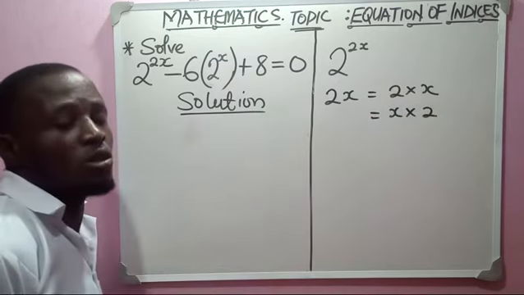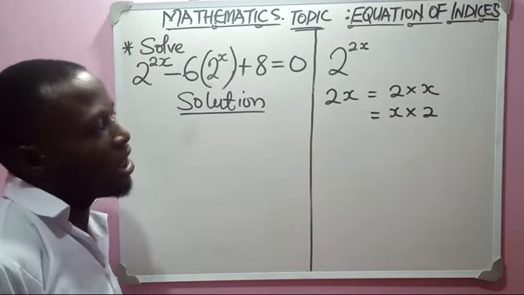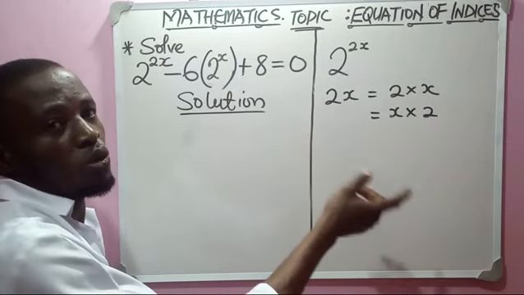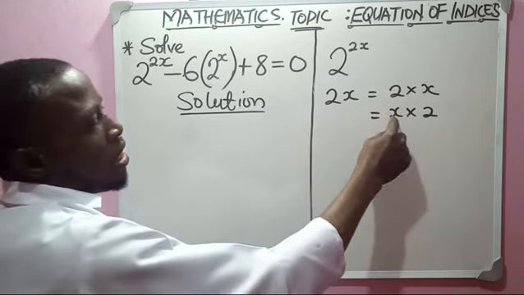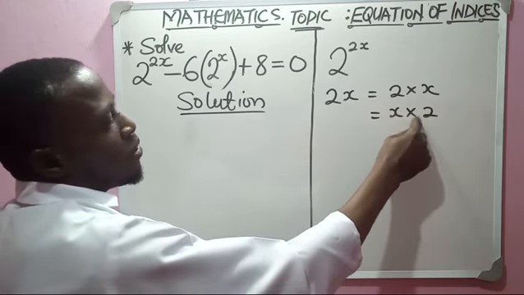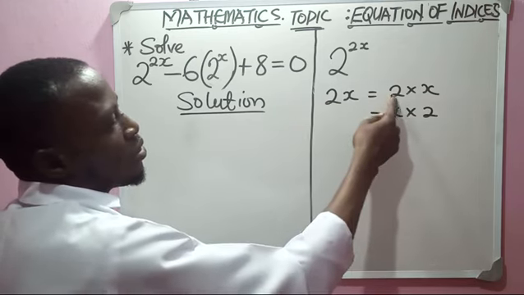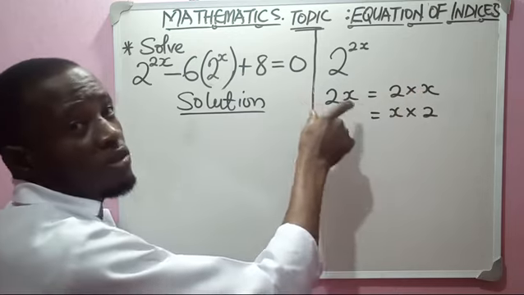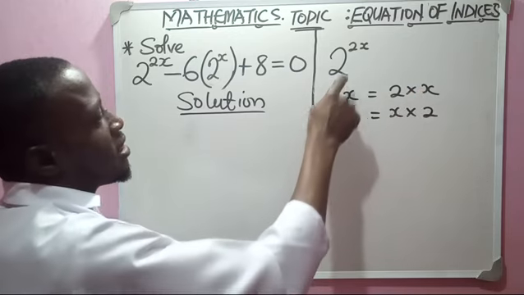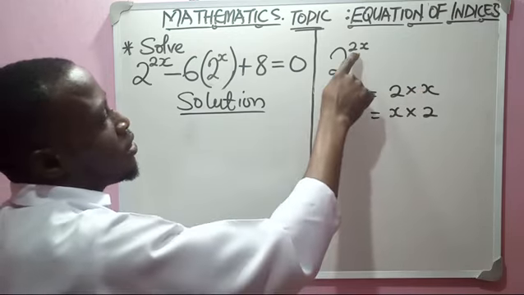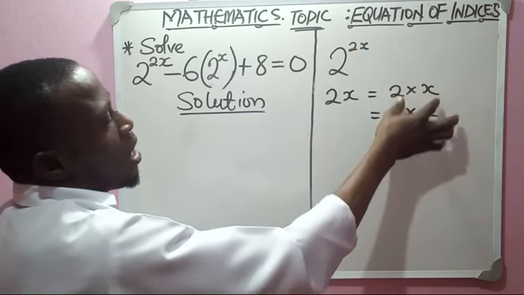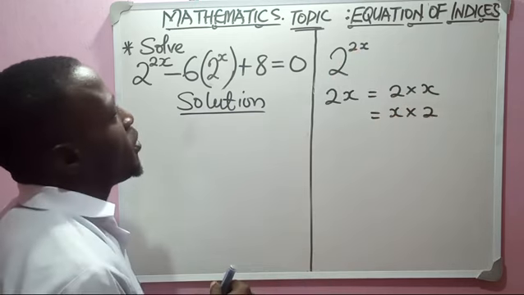Because multiplication is commutative, it doesn't matter the position. In the end, x times 2 will give me 2x. 2 times x will also give me 2x. So as it stands now, this 2x is in this form. I want to flip it to this form.